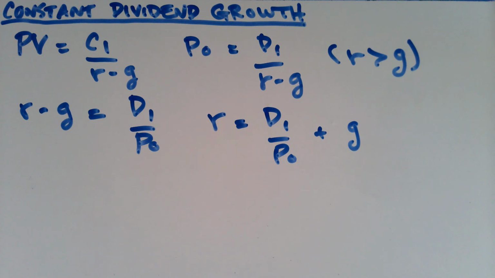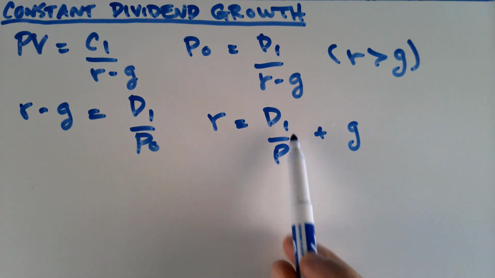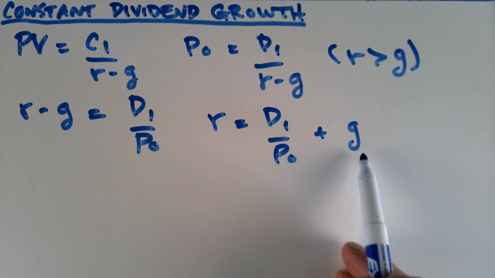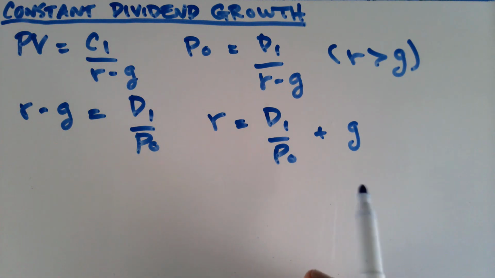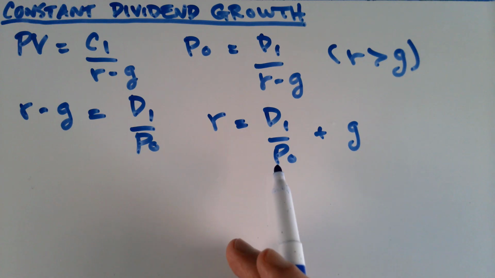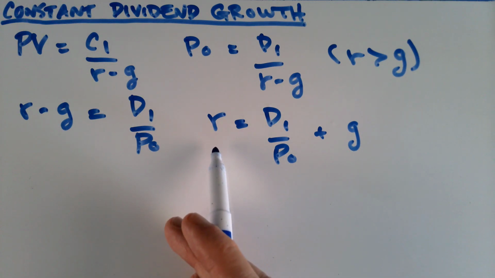But basically it says that the required return on stock is equal to D1 over P0, which we call the dividend yield, plus G. Now, if you've been studying finance for any time at all, you know that the dividend yield plus the capital gains yield is equal to the total return.